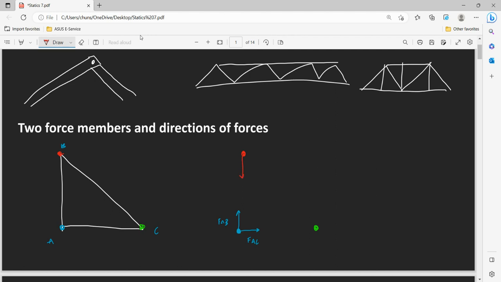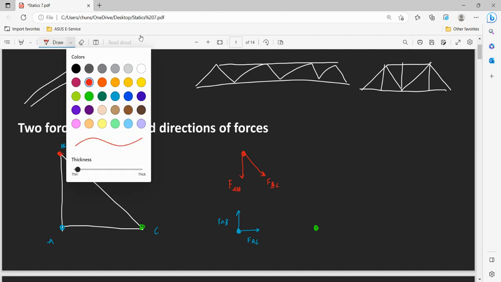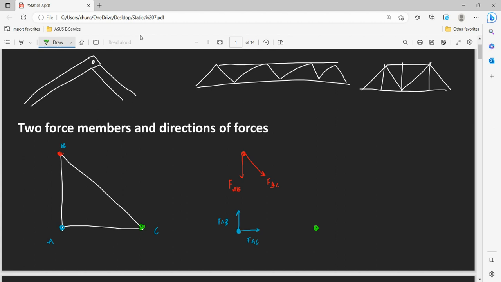This is all one beam total, but we draw each one as if under tension. So this would be FAB as well, and this is FBC. And we have another FBC pointing this direction from this joint, and FAC.